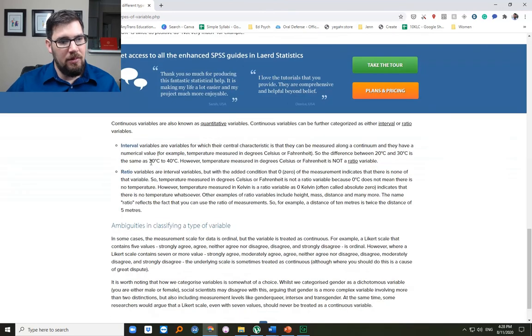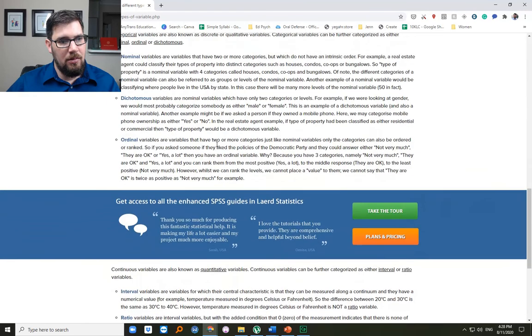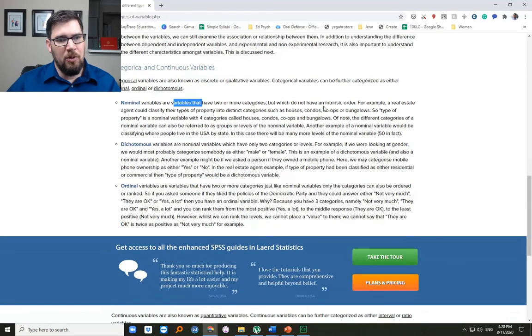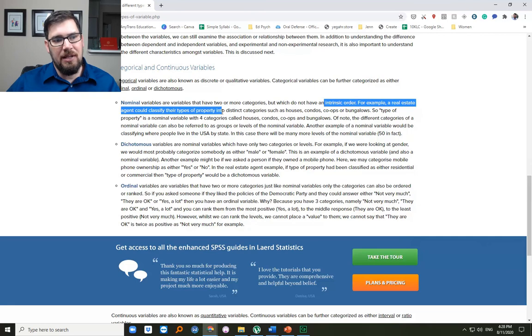Again, with nominal, there's no intrinsic order. For example, a real estate agent could classify their types of property into distinct categories such as houses, condos, co-ops, or bungalows. And while individuals might say, well, I like bungalows best, somebody else might say houses are best.